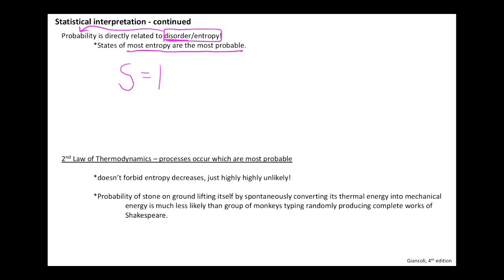The amount of entropy in a system is equal to the Boltzmann constant times the natural log of W. What's W? W is known as the thermodynamic probability. It's sometimes also known as the disorder parameter.